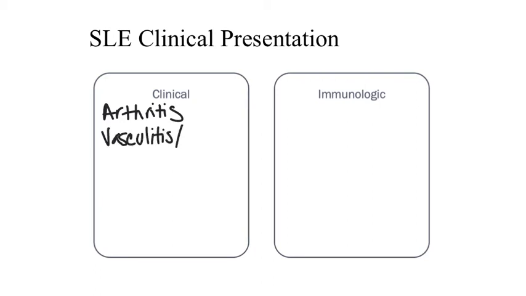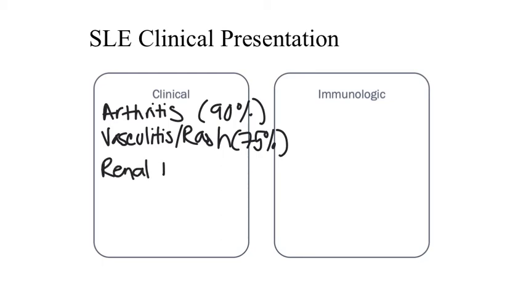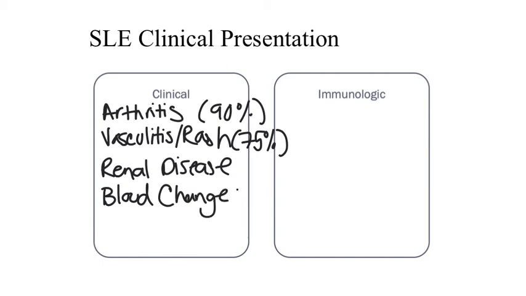The vast majority of individuals with lupus will experience arthritis, vasculitis and rash, renal or kidney disease, hematologic abnormalities, including anemia, leukopenia, or thrombocytopenia, and cardiovascular disease.